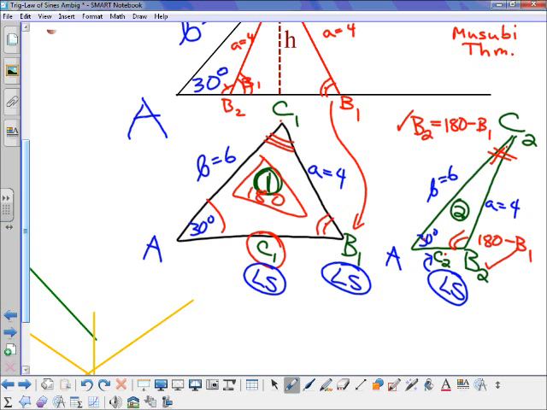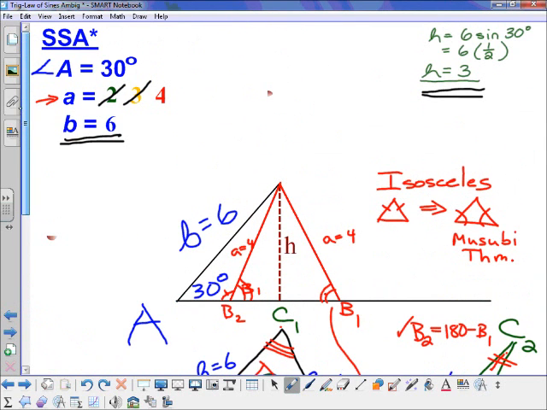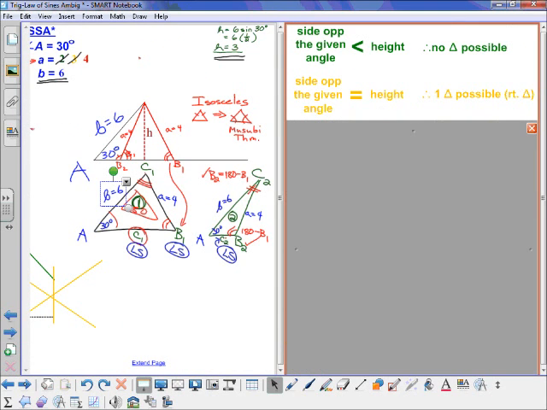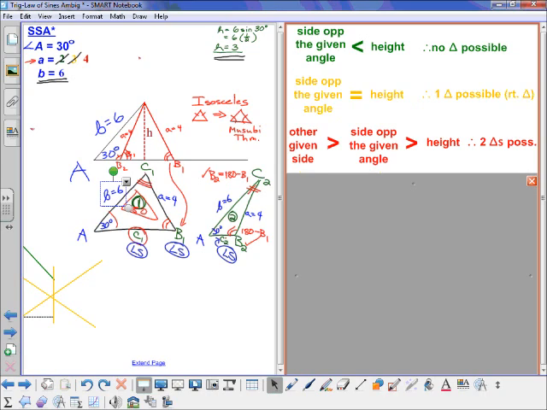Okay, so going back to our cases. Okay, this was a pretty bad case because we had to figure out 2 triangles, we had to find 6 things. It wasn't that bad, okay, because we're only using law of sines 3 times. But this is the summary.